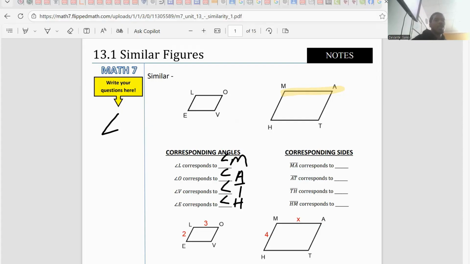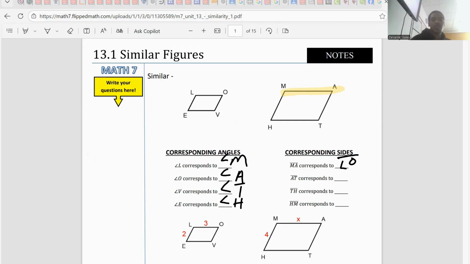When you're using a line, you put it above the side, so if you say LO, I'll put a line over LO like that. It's good to get a basic understanding of what some of this stuff is so that once they add in other things, it's a little bit easier.